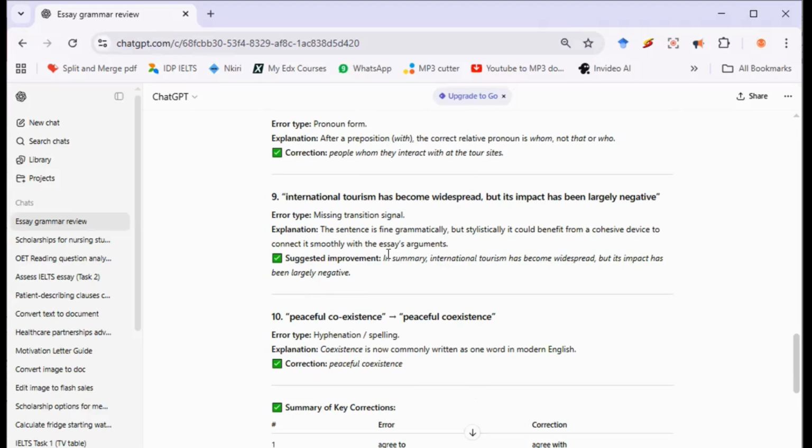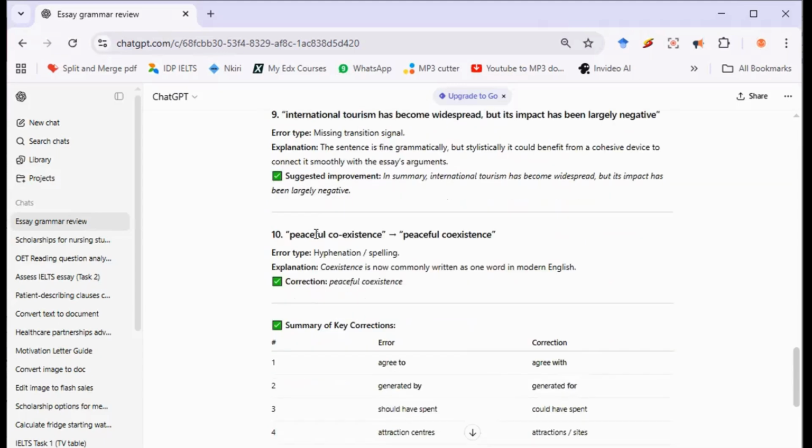I think it's about this "in summary". Or what's the point here? Missing transition signal. Okay, number 10, "peaceful coexistence." Coexistence does not need a hyphen. No hyphen. All right.